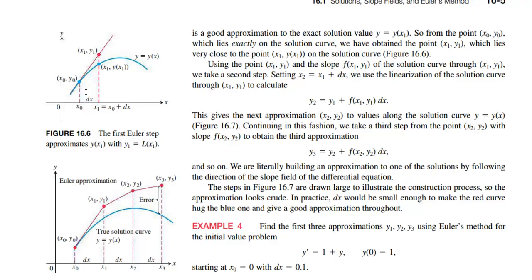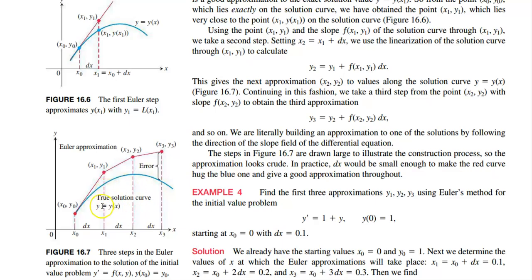This gives us the next approximation x2, y2 to values along the solution curve y equals y of x, as we see in figure 6.7 on the left down here. If we keep doing this, we take a third step from the point x2, y2 with a slope of f of x2, y2 to get our third approximation, y3 equals y2 plus f of x2, y2 dx, and so on and so forth.